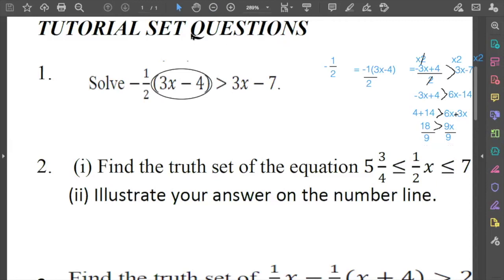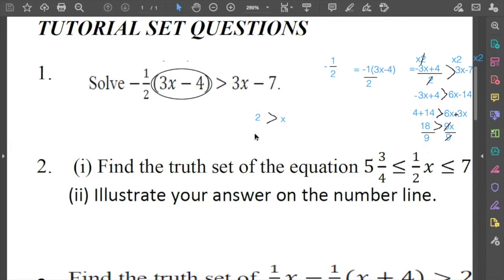Now 9 is going to cancel out 9. Now 18 divided by 9 is 2. So we are going to have 2 being greater than x.